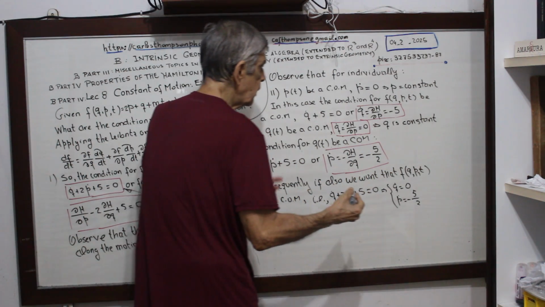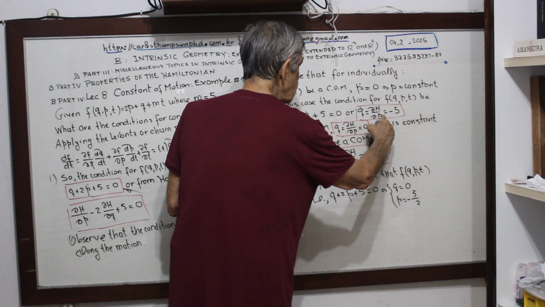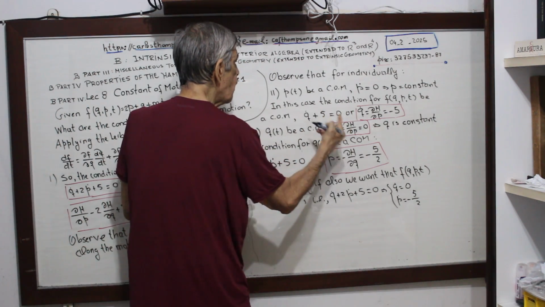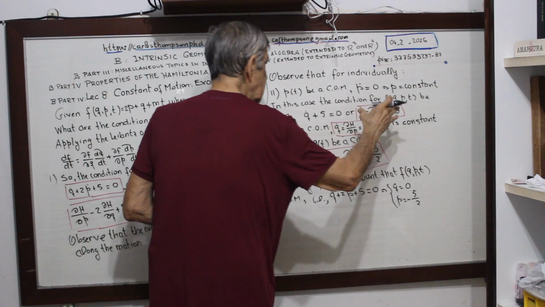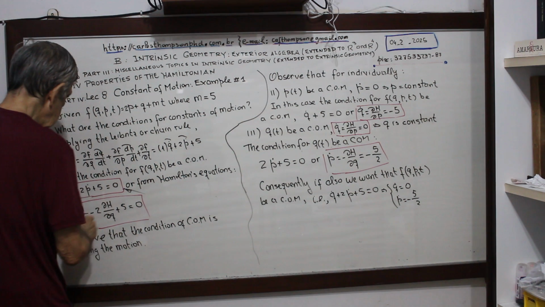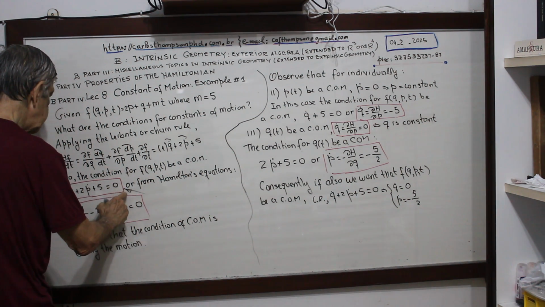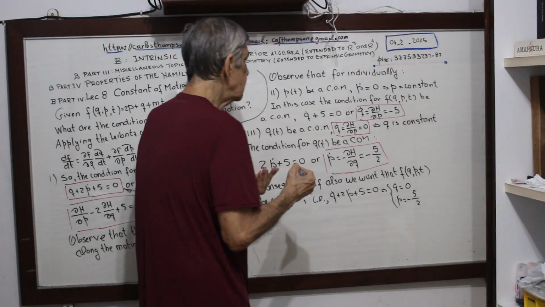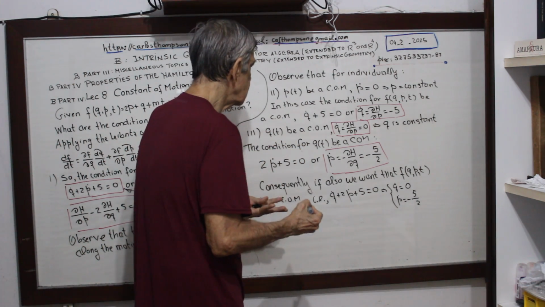Or, from the Hamiltonian equation, q dot is partial h with respect to p. Now, q dot is equal to minus 5. Attention now, this condition plugged over here leads to the equation that satisfies both constant of motion conditions.